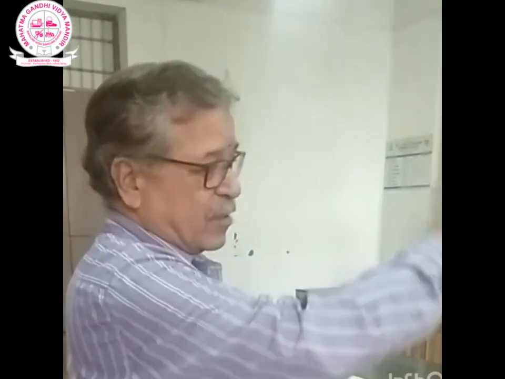Suppose the room temperature is 25 degrees centigrade. Then you have to draw the graph. The nature of the graph is just like a cooling curve. The cooling curve shows that as the time increases, the temperature decreases.